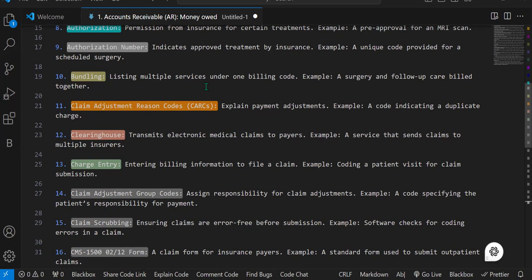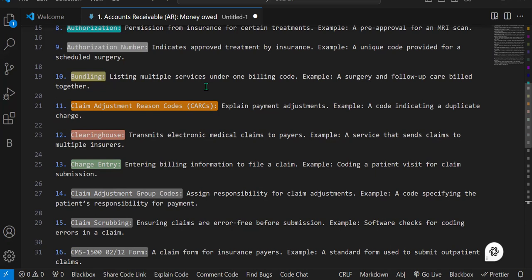For example, coding a patient visit for claim submission. Charge entry is coding a patient visit. That visit also has to be coded.